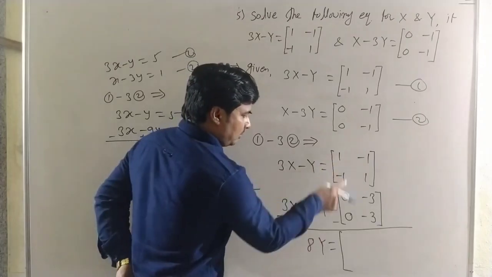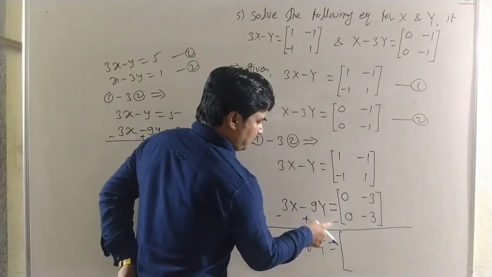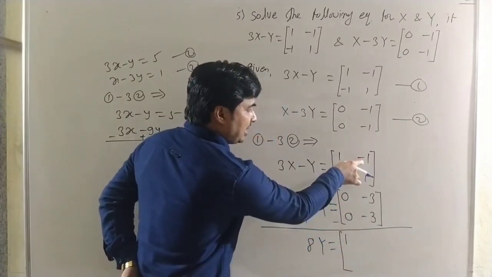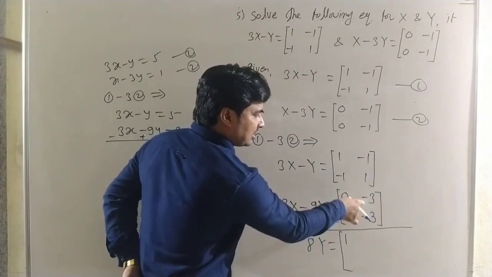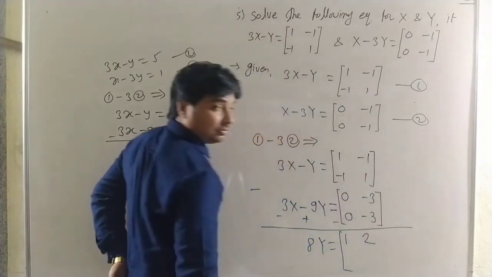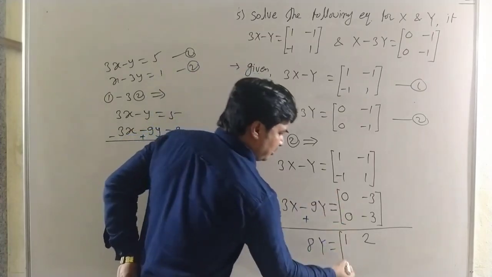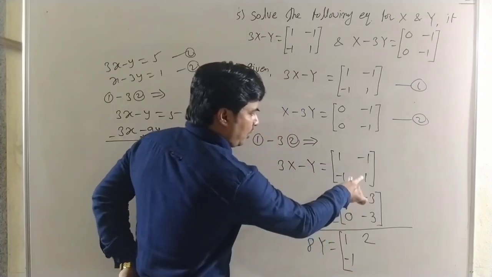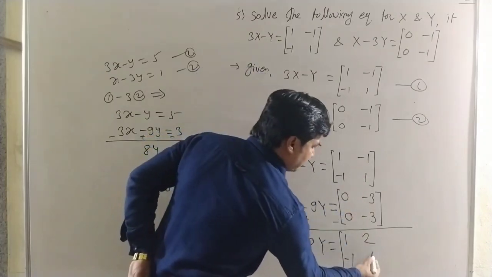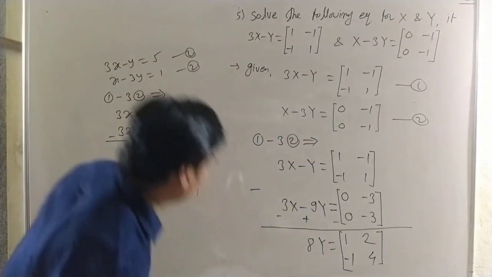Now 1 minus 0 is 1. See carefully, minus 1 minus minus 3, that means minus 1 plus 3, it is 2. Then minus 1 minus 0 is minus 1, and here 1 minus minus 3, that is 1 plus 3, it is 4.